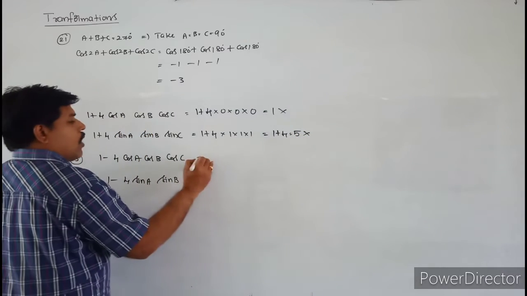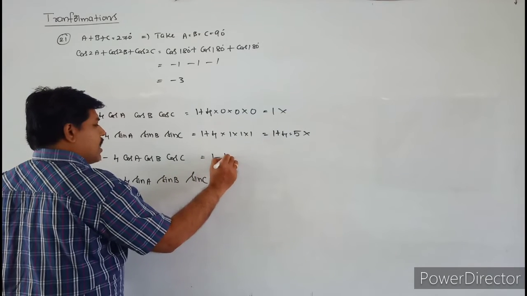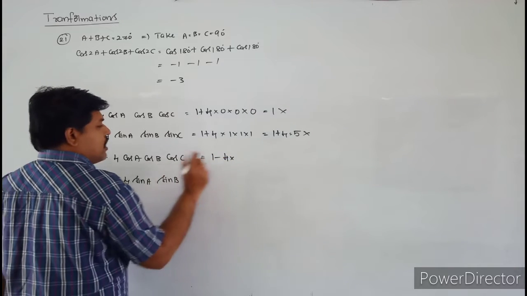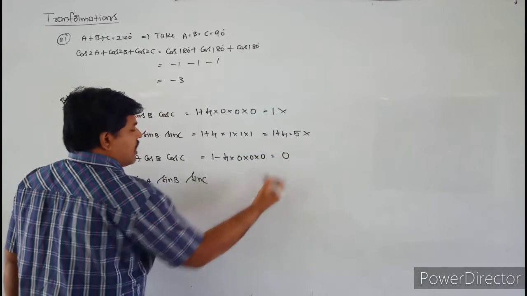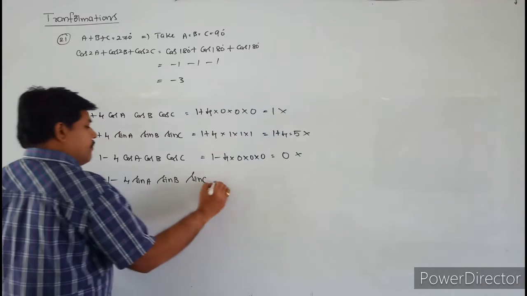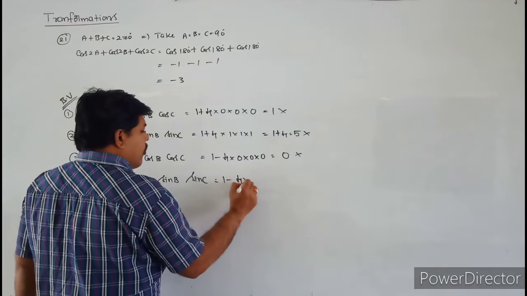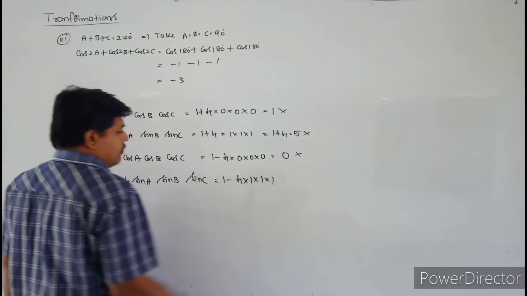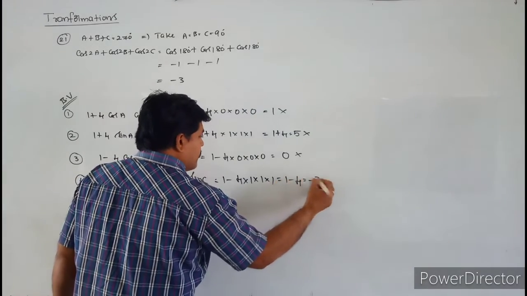Here, 1 minus 4 into cos A cos B cos C: these values are 0 into 0 into 0, so the answer is 0, but the answer is not 0 here. The last one is 1 minus 4 sin 90, which is 1, so it will become 4 into 1 into 1 into 1. So what is this value, students? 1 minus 4, it will become minus 3.